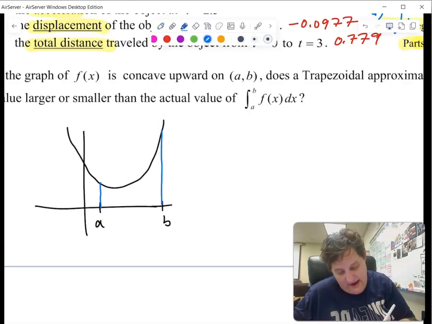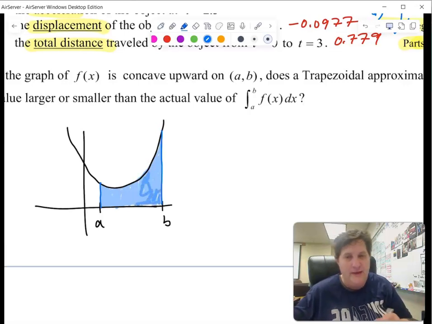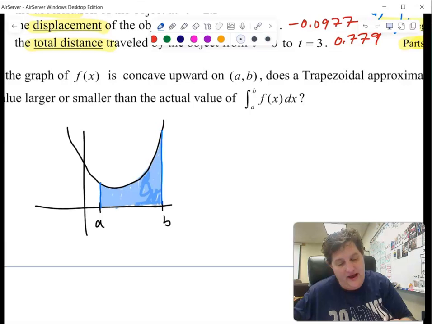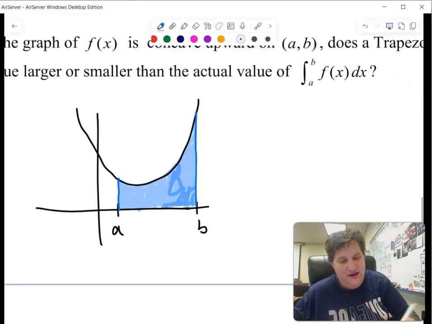Here's the actual value. It's whatever this area between the curve and the axis is. That's my actual value, okay? Beautiful. Now, if I do trapezoids, let me go ahead and just make like 3.